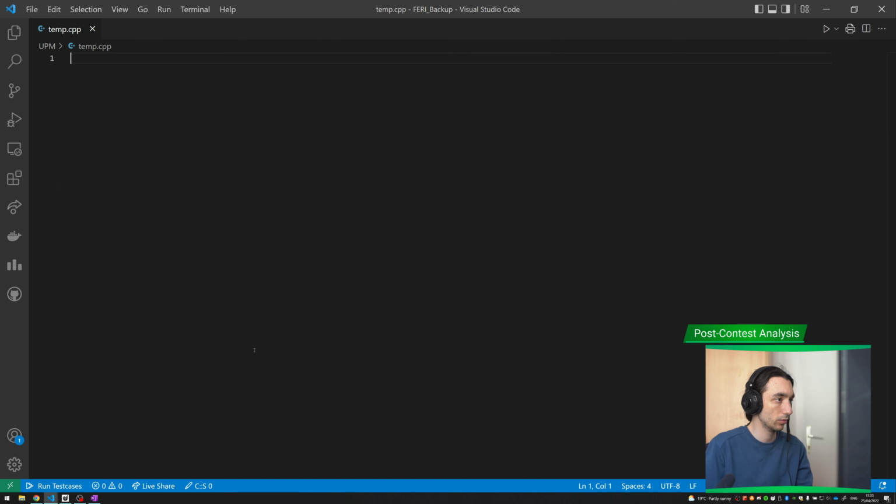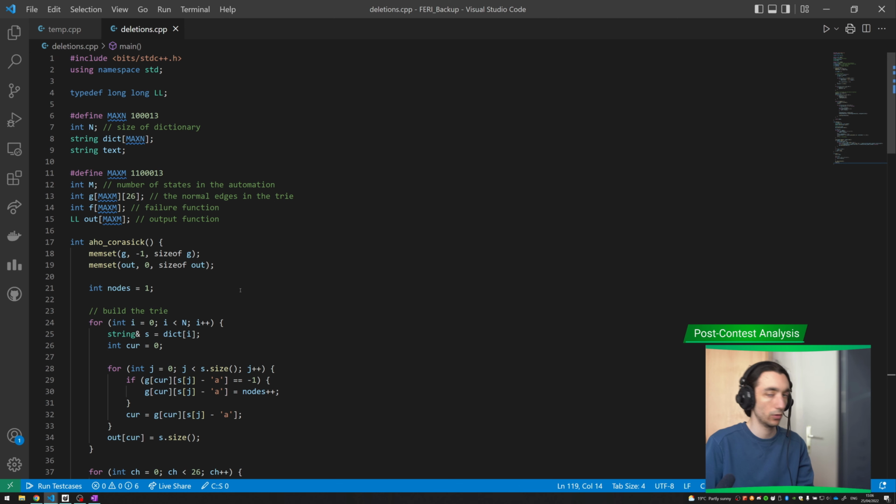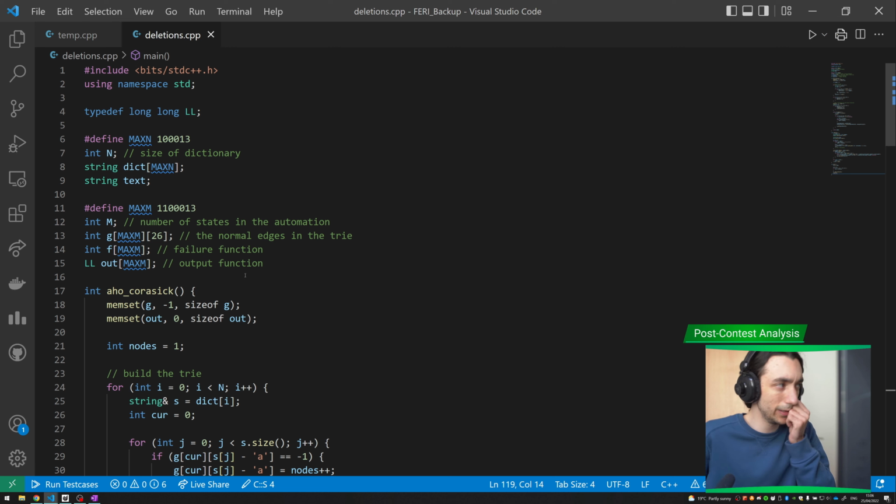So the solution is to modify the Aho-Corasick tree, the trie, in order to solve this. Aho-Corasick initially counts the occurrences of some substring inside of a string, right?